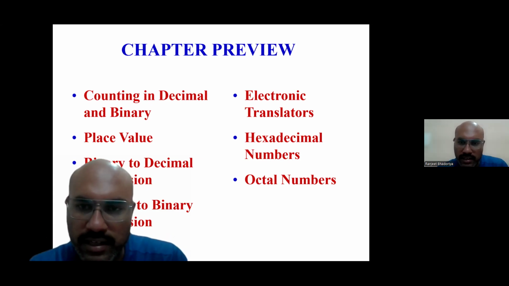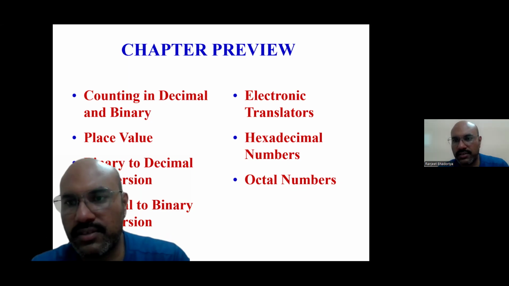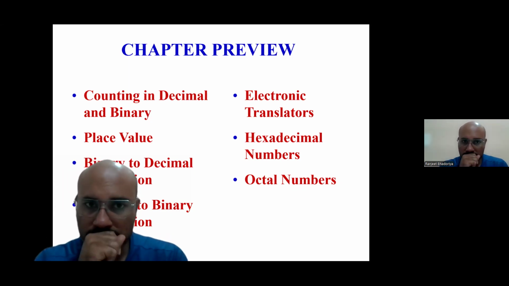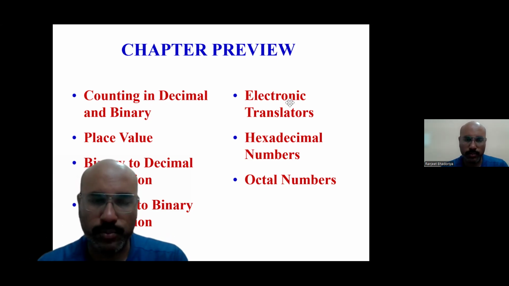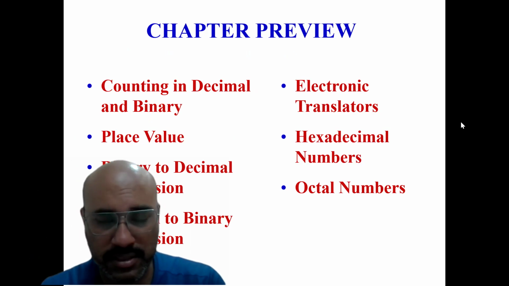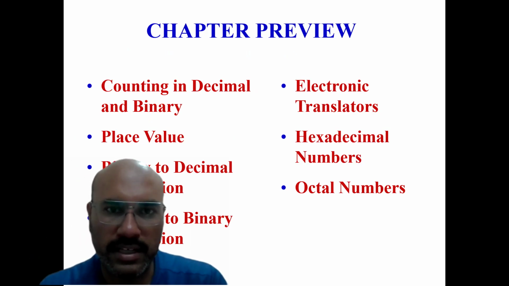Then electronic translators, which are used in our digital domain. And then come hexadecimal numbers and octal numbers, the other number systems along with the binary and decimal number systems.